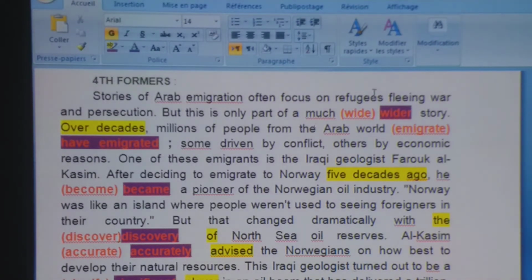Also the meaning, over decades, made me use the present perfect. Here, 5 decades ago made me use the simple past. Here the and of made me use the noun. And here I've got a verb, and this verb should be described by an adverb, so that's why I use an adverb. And here I've got a noun, and before a noun I need an adjective.